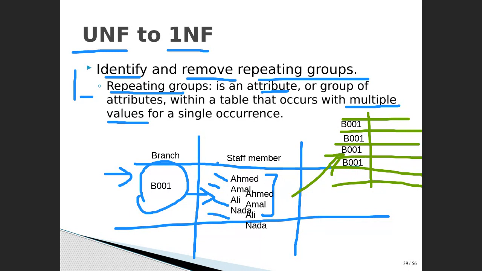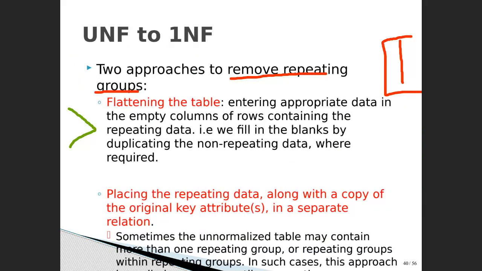attribute, for each cell of this. So this is the first approach: flattening the table. Any empty column or row will be containing repeating groups.